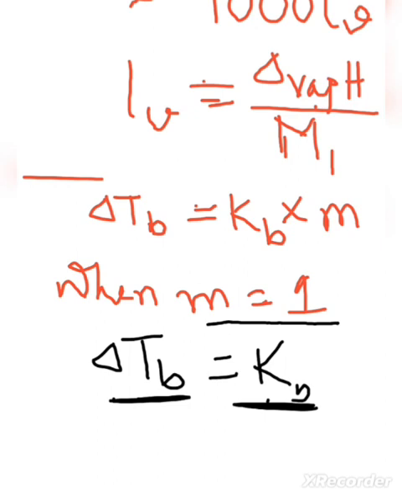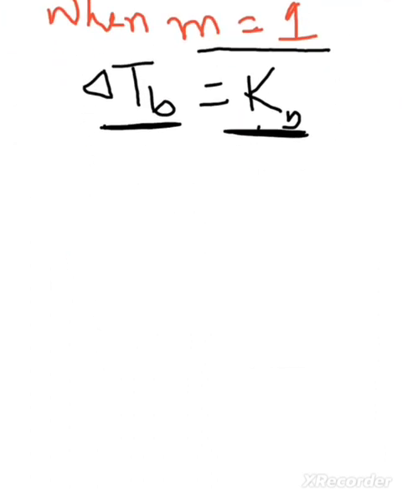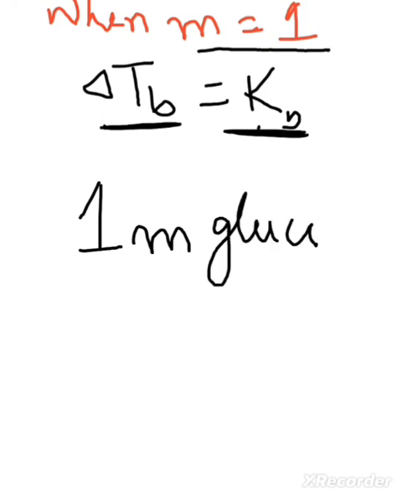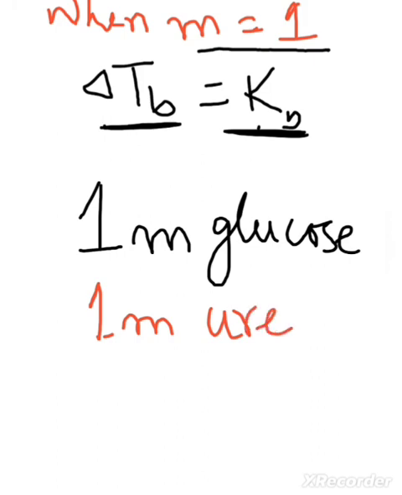Since colligative properties depend on the number of solute particles, if we take 1 molal different solutions, where the solute is non-electrolyte and non-volatile, meaning it does not associate or dissociate in solution, then the elevation of boiling point is the same. What does it indicate? Suppose 1 molal glucose and 1 molal urea are taken.